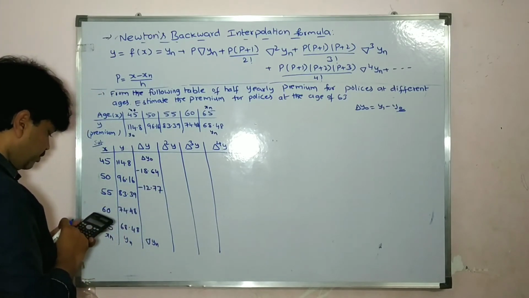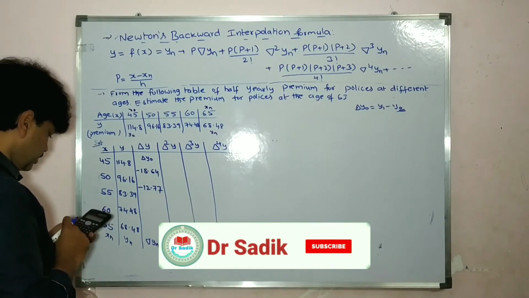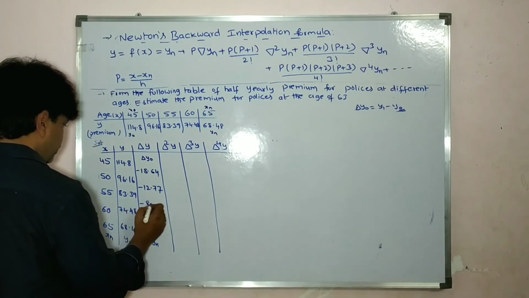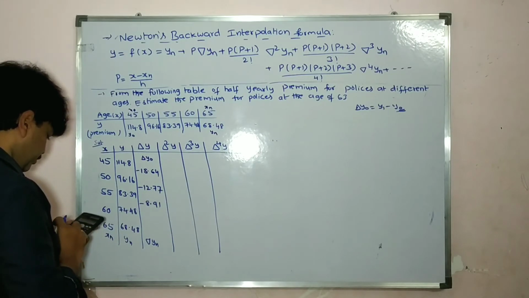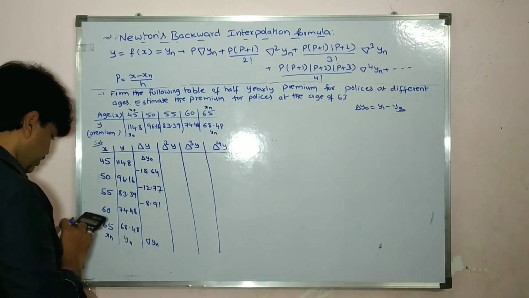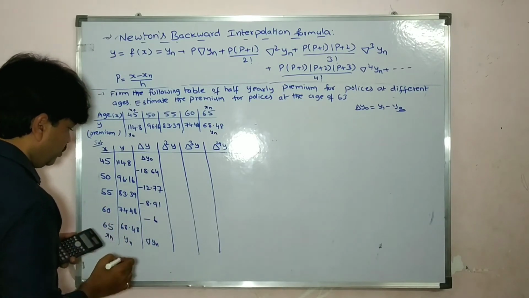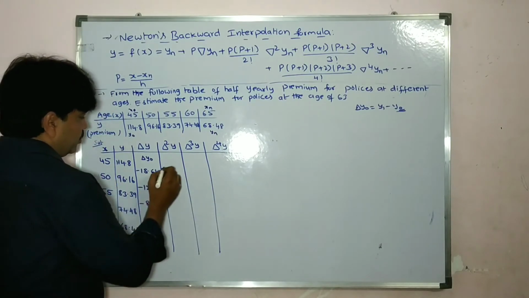Then 74.48 minus 83.39 is equal to minus 8.91. Then 68.48 minus 74.48 is minus 6. So what is the del yn value, students? Minus 6.